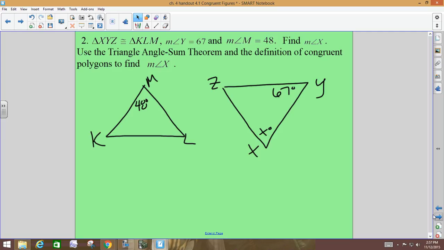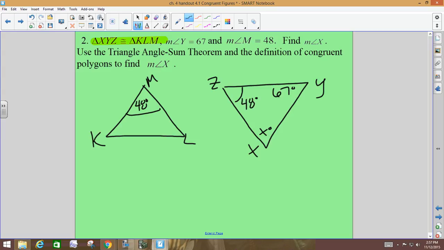I just didn't hear you. Yeah, because of the congruency statement. Good. In the very first part of this whole problem, triangle XYZ congruent to KLM tells us which angles are congruent and which sides are congruent by the order of where they're listed. Angle Z, since it's last, would be congruent to angle M, since that one's last. So M congruent to Z means that Z has to be what measurement?